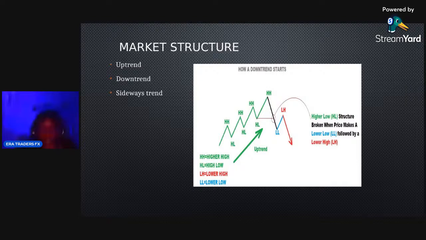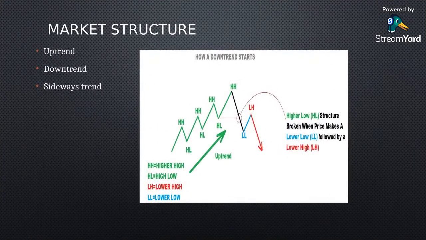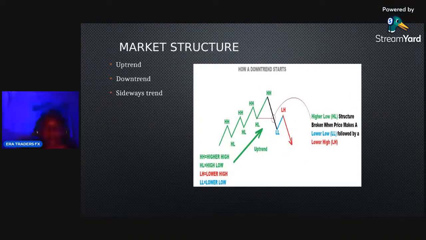When this higher low breaks and forms a lower low, that means this low is now lower than the previous low. That means the market has shifted structure.